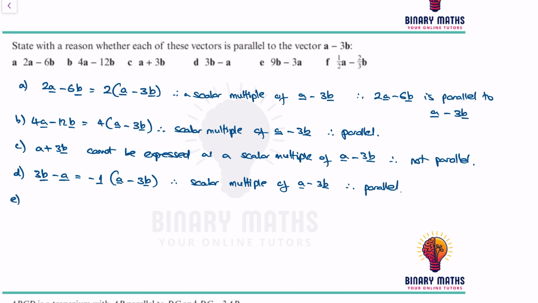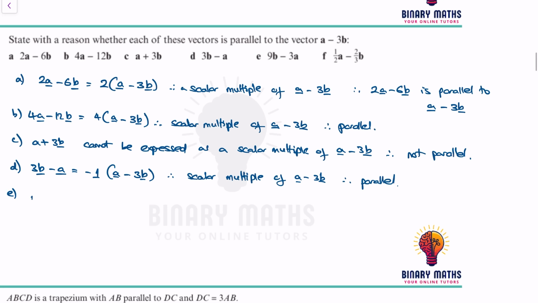E is 9B minus 3A, which is equal to minus 3 times A minus 3B. Therefore, scalar multiple of A minus 3B, therefore parallel.